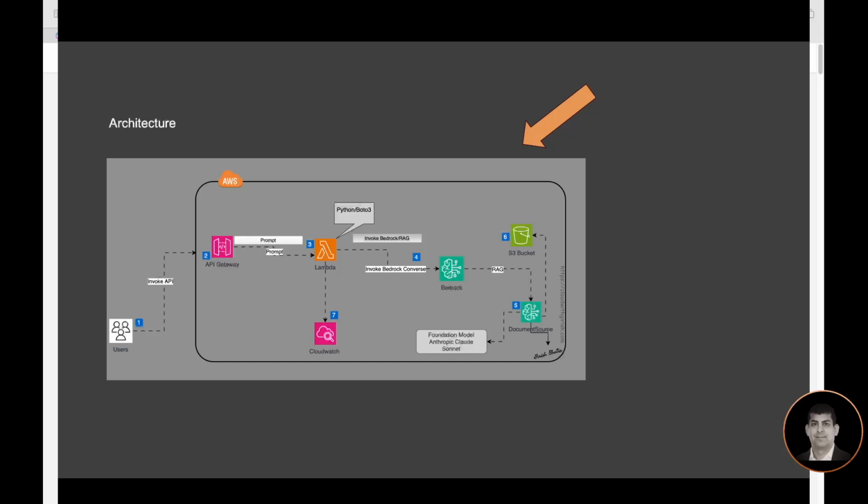The underlying foundation model used here is Anthropic Claude Sonnet. The Lambda function is written in Python Boto3, and the prompt is being passed by the API Gateway. CloudWatch logging, which is an integral part of the AWS logging infrastructure, is being used here by the Lambda function to log the events per the code in the Lambda function.